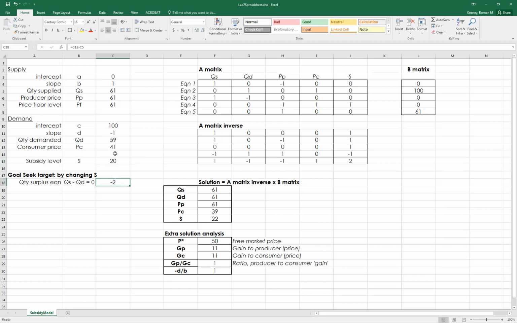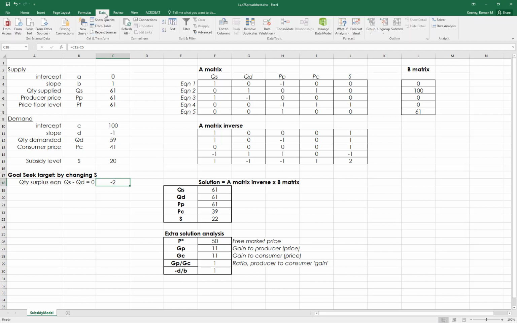So let's go to goal seek. If you go to data and then under what if analysis, click on goal seek. It says set cell, so the target cell is C18. The target value, we just type in 0, and then we're going to use this policy lever, this subsidy variable in cell C15, to get the new solution.